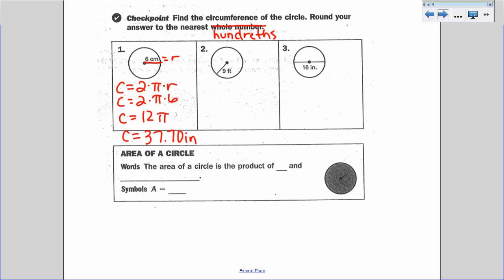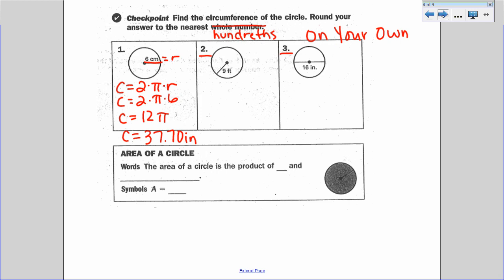My calculator says 37.699, and that 69 is going to round up to 70, so we're going to write it as 70 there. You're going to do these on your own, so you need to have answers for 2 and 3 to get credit for your notes.